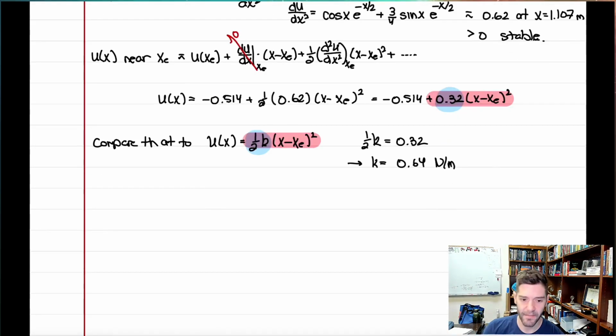And I've done that by figuring out the potential energy near that equilibrium point, and then comparing it to what I expect for simple harmonic motion, where I know it's 1/2 k x squared.